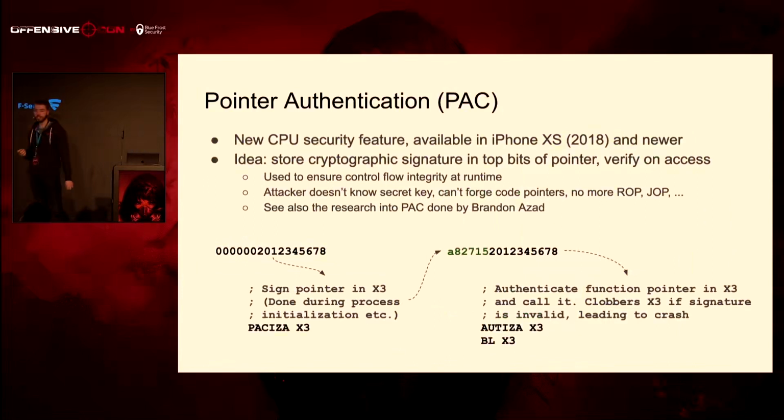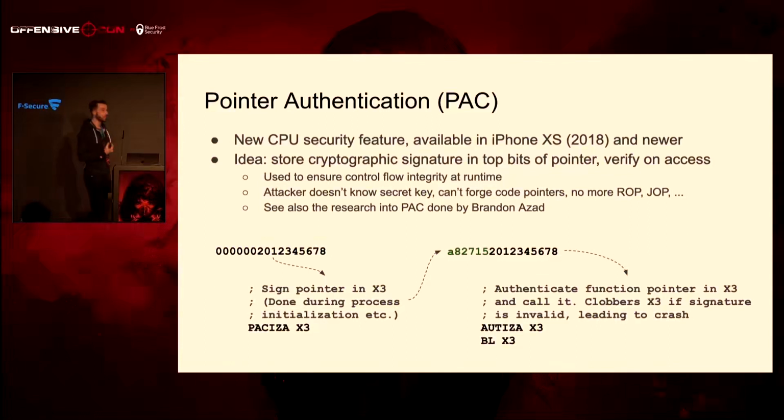On the XS and newer, Apple has a new feature called pointer authentication. The half-minute idea is that you take everything that's a function pointer, or it can be any pointer in theory, and you sign it at process startup, for example. And so you do this with a specific instruction, as you can see in the bottom. And then you have a signature, and you store that in the top bits.